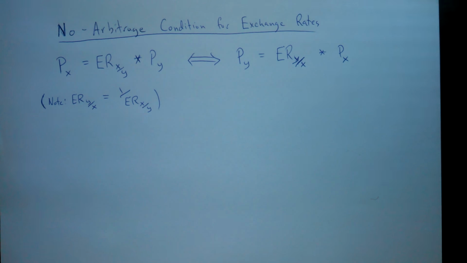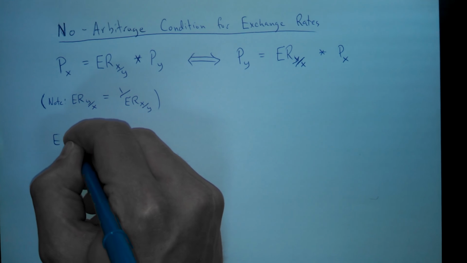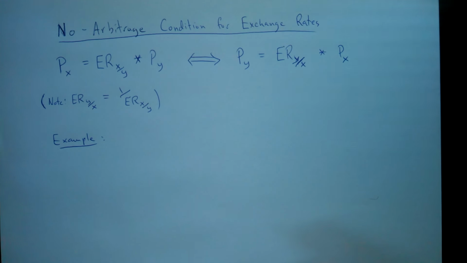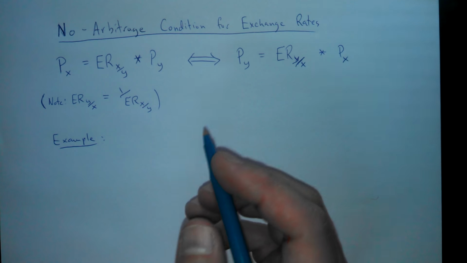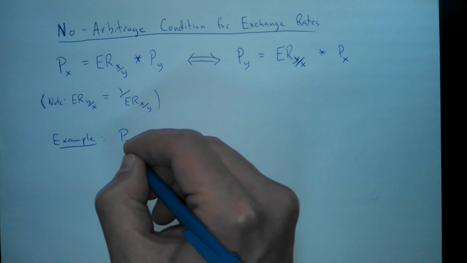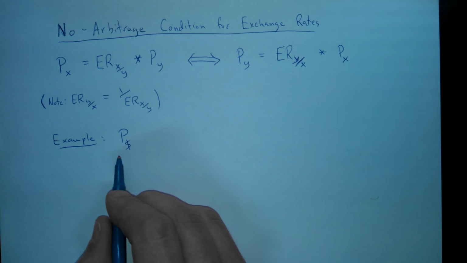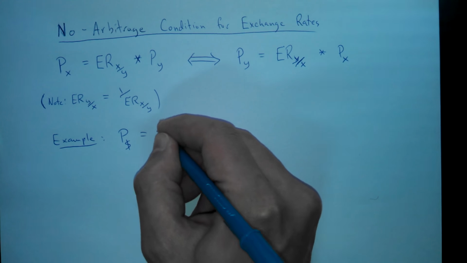Okay, let's think of an example to make this more concrete, because this is all very abstract. Let's write down an example to show what must be the case when there are no arbitrage opportunities for a particular good. Let's say the price of a tablet, like an iPad, in the United States is $600.